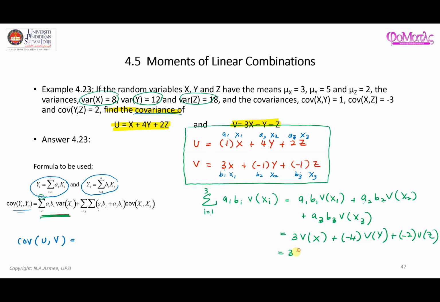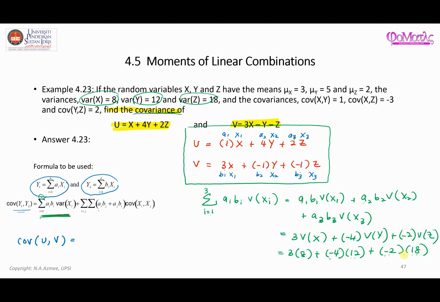So we have 3 times 8 plus negative 4 times 12 plus negative 2 times 18. Here is negative 48, and here is negative 36.